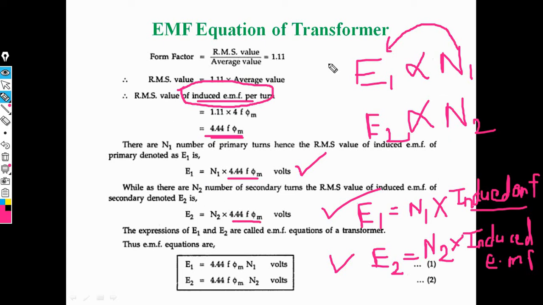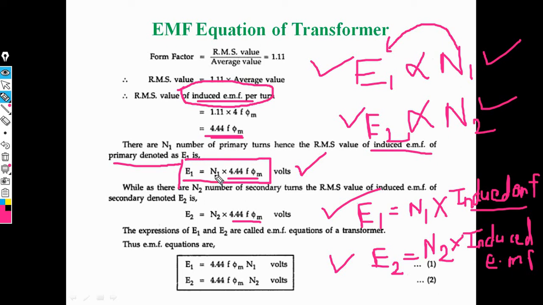Then we have obtained E1 and E2 with respect to N1 and N2, that is, induced EMF in primary winding E1 is equal to N1 into 4.44 f phi m, and for secondary winding induced EMF E2 is equal to N2 into 4.44 f phi m.